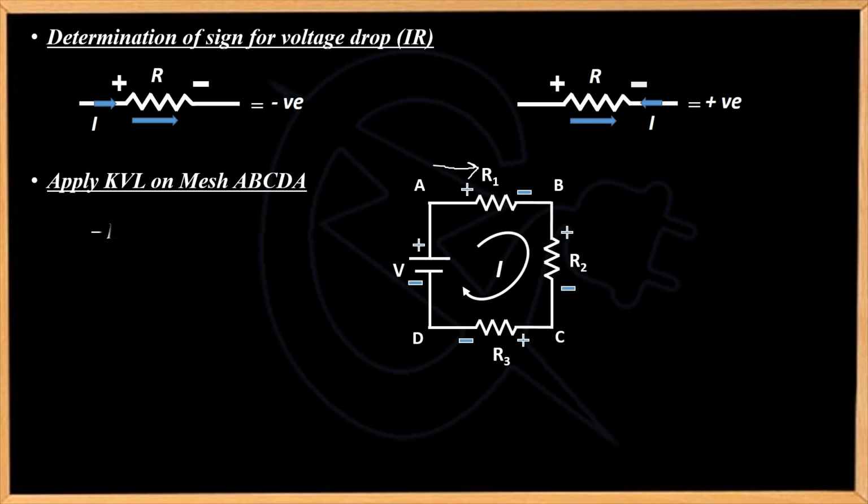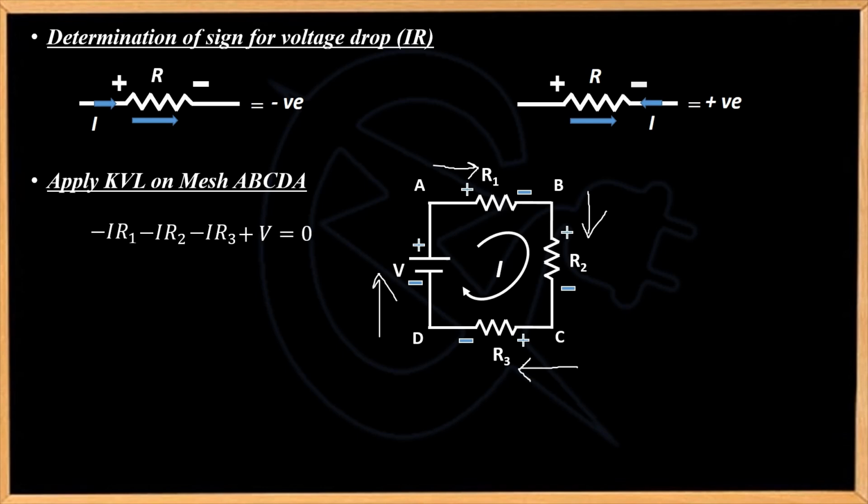So first minus IR1, then again current flows from positive to negative terminal, so minus IR2. Then here again it flows from positive to negative, so minus IR3. But for the voltage it is negative to positive, which means voltage rise, so the voltage is considered positive, and the sum is equal to 0.